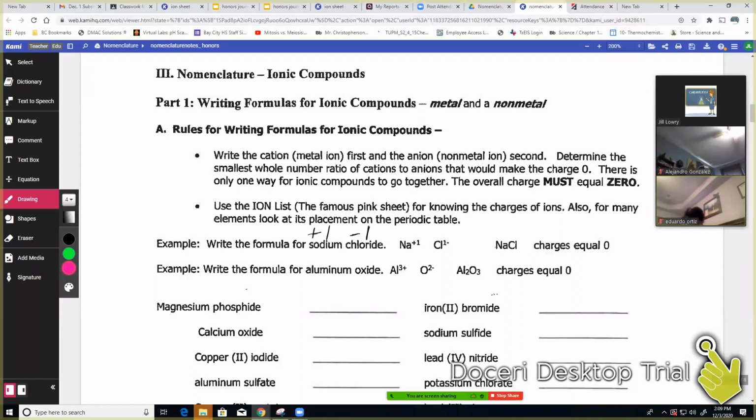Remember on this ion sheet, if you just see a negative, it's an assumed -1, or a positive is assumed +1. So in this case, my positives and negatives are equal to each other. So that means I don't need any subscripts. My formula would be NaCl. For every 1 sodium, I need 1 chloride to cancel it out. That's the ratio, 1 to 1.